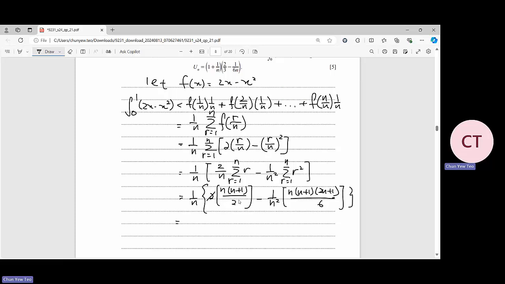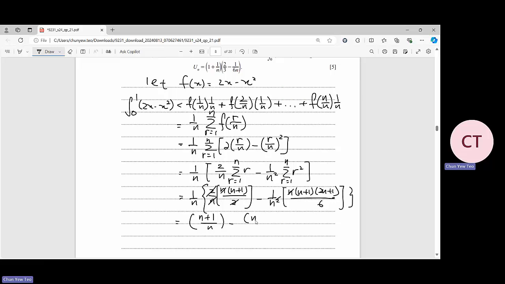Expand, simplify. If you multiply this in, you will get, oh, sorry, I missed out. This one is 2 over n. I missed out 1 over n. So over here, there's a 2n here. So if you cancel the 2, cancel the n, multiply in, you will get n plus 1 over n minus, this and n cancel.